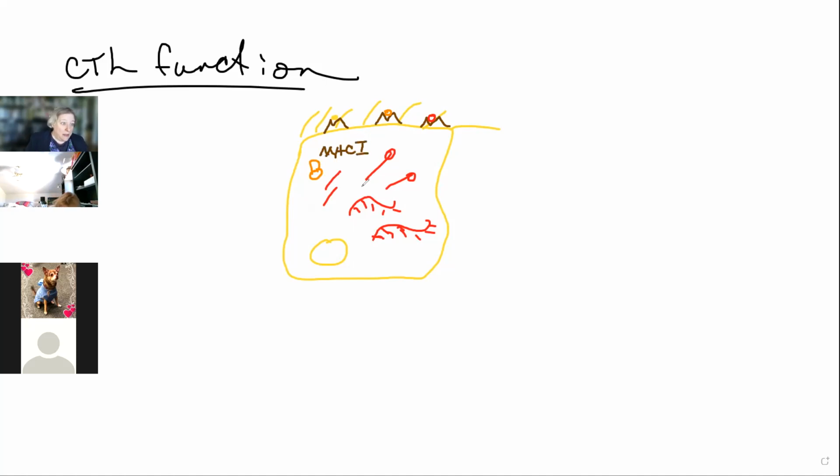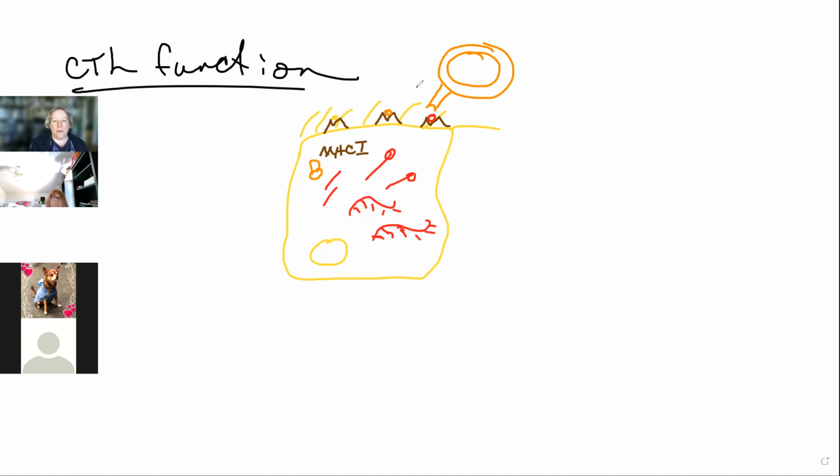Because it's not an immune cell. It's not an antigen presenting dendritic cell. It's not a B cell. Now, meanwhile, my cytotoxic T lymphocytes are patrolling because a dendritic cell brought bits and pieces of COVID spike to it and it said, yep, that is the antigen I'm looking for.